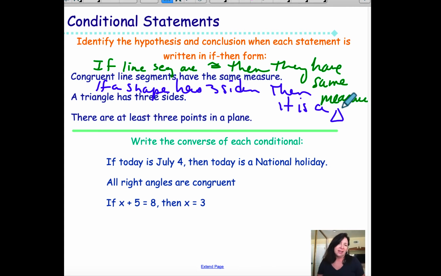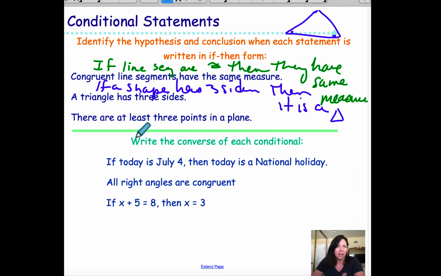Putting that as a conditional, you would say if there exist 3 points in space, then a plane may be determined. Or if the shape is a plane, then it must have at least 3 points, because 2 points make a line, right? But 3 points actually make a plane. Okay, so now those are the conditionals.